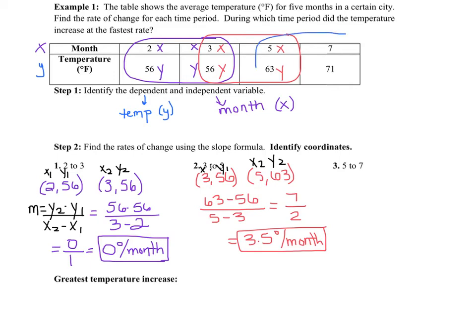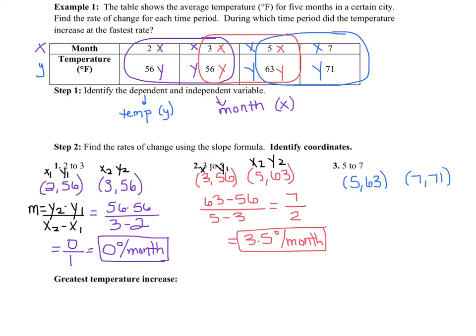So we have 5 to 7, and again, here's our x and our y. Let's write our coordinates down. It's 5 and 63 is our first coordinate, and 7 and 71 is our second coordinate. So 5 and 63 and 7 and 71.